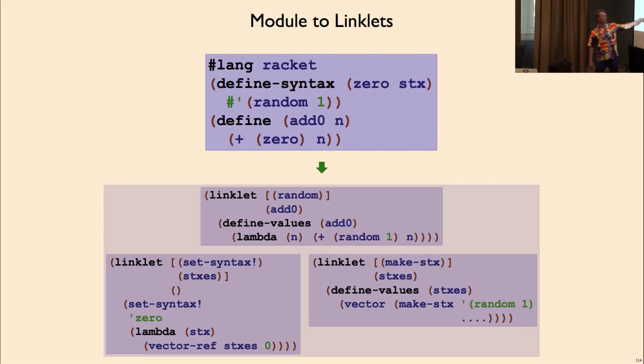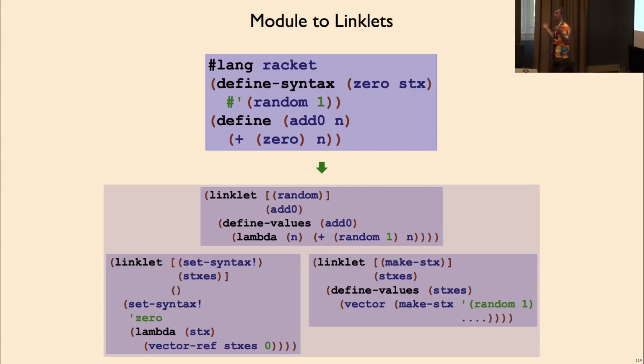So we might instantiate the compile time part multiple times and the runtime part multiple times, and they're kind of independently instantiated. And then it turns out to be convenient because syntax literals like that expression there, random1, sort of have existence across these phases. They get shifted depending on which phase you're using them in, but that's why there's a separate linklet for those.